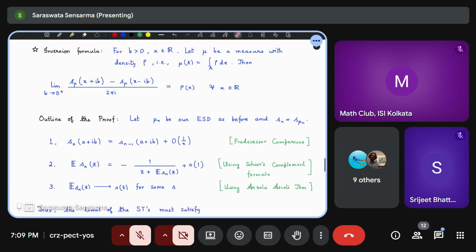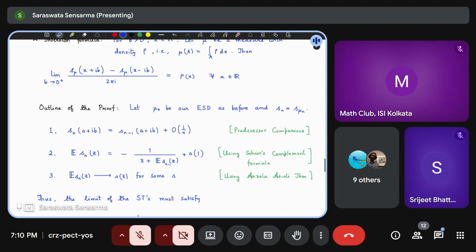First, we can show that Sn and Sn minus 1 are sort of comparable; the gap is small. Oh, there's a mistake here. Sorry, this should be Sn minus 1. Second, there is a way of recursively getting the expectation, a recursive relation between the corresponding terms of the expectation of Sn. And thirdly, the expectation of Sn actually does converge to some S.